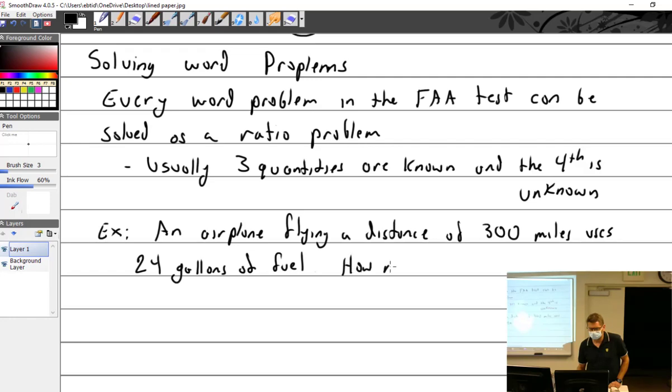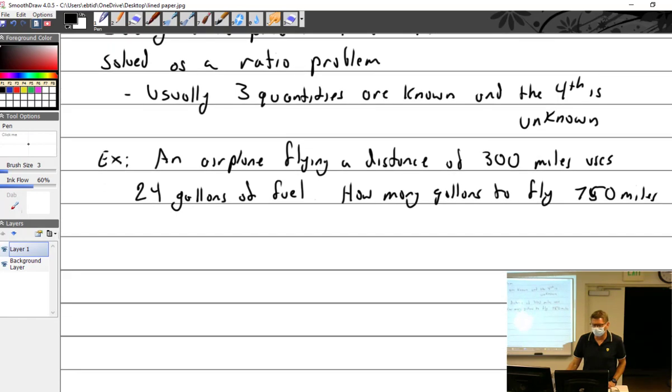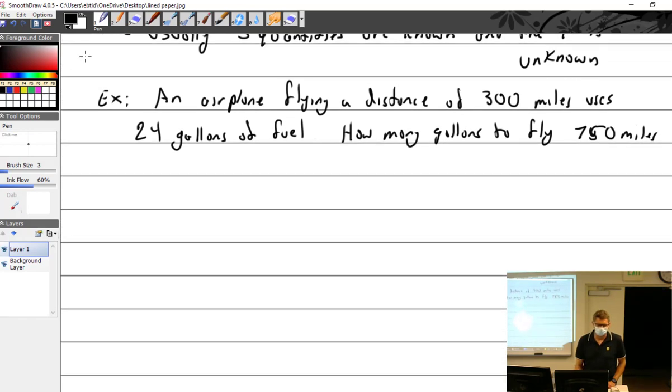How many gallons to fly 750 miles? Absolute typical FAA question. There are three things given, one that is not. So what are my three things? I know 300 miles, 750 miles, 24 gallons. And what are they asking? They're asking about the gallons. How many gallons? So we're just going to set it up as a ratio problem.